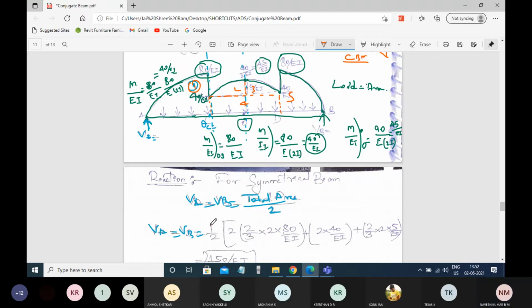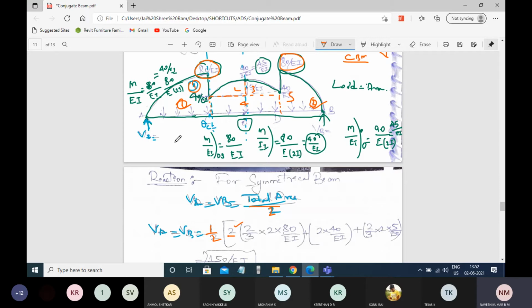Now divide by 2, so that is total load divided by 2, which I have taken outside. So 2 in number, this particular one and this particular one, both having the same intensity of moment.